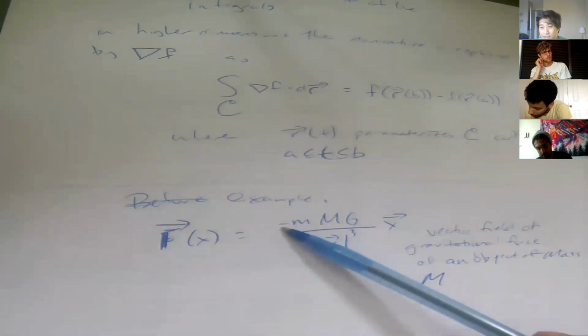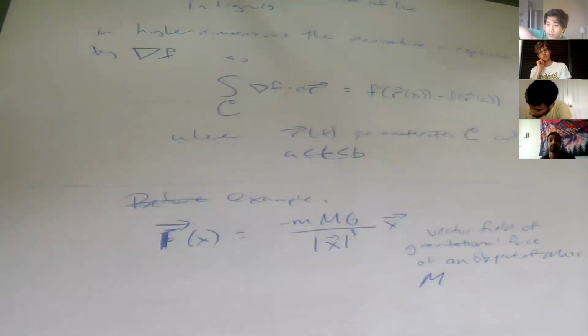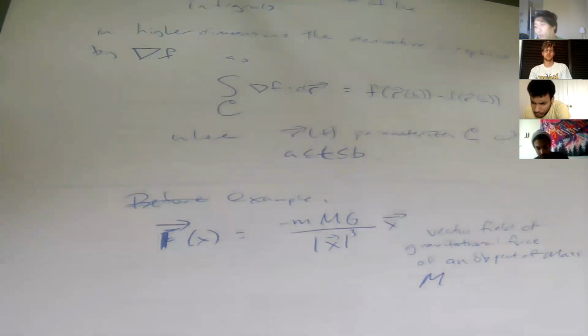Notice the negative sign here. It says it's pulling things to Earth. Away from Earth is positive. Towards Earth is negative.